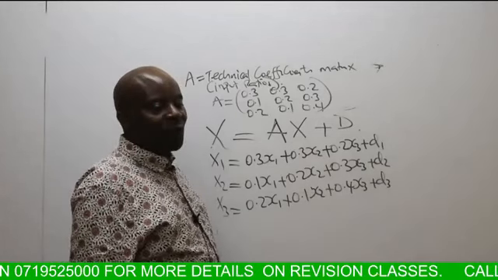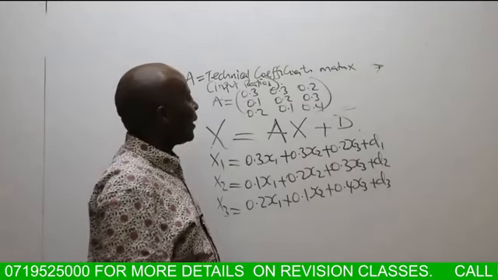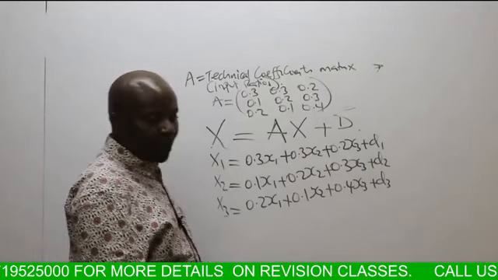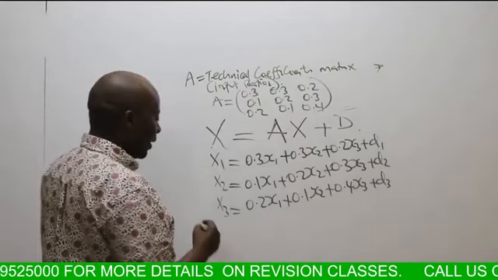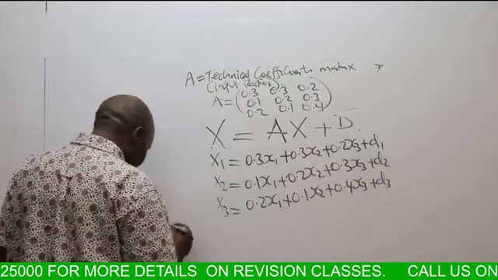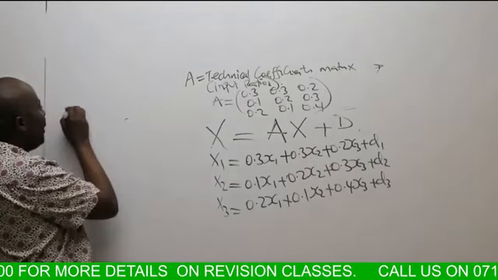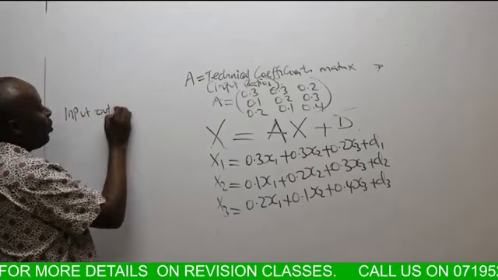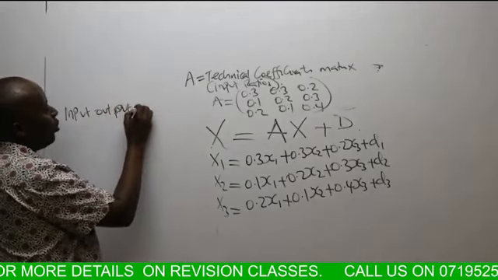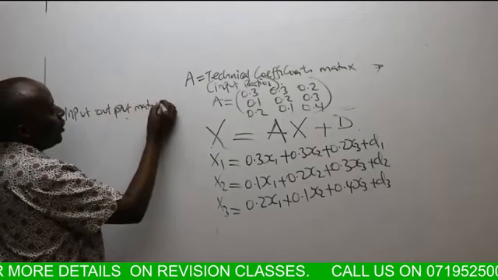Once you give me that, I will be able to give you the input-output matrices. There are three.